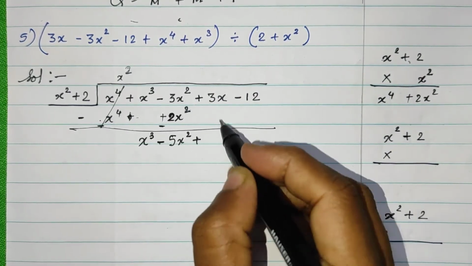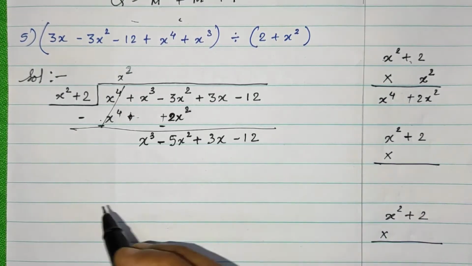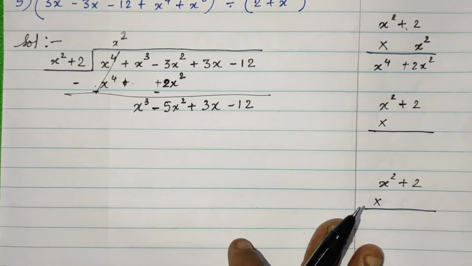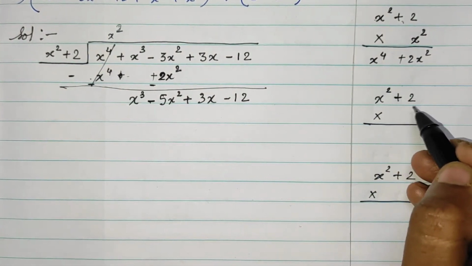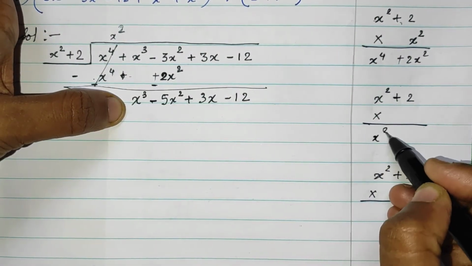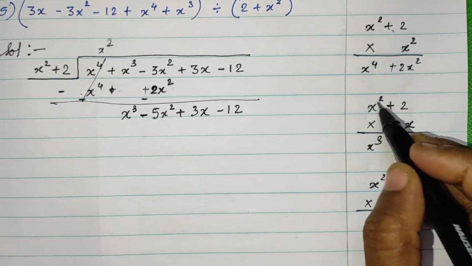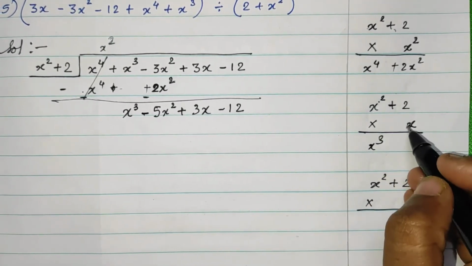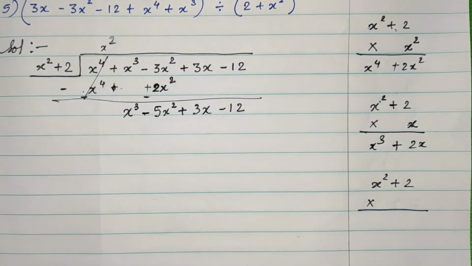Now further, let's write. Now again divisor x square plus 2. Now we need x cube. So only x will we need. See, x into square x cube, x into 2 2x, plus into plus plus.